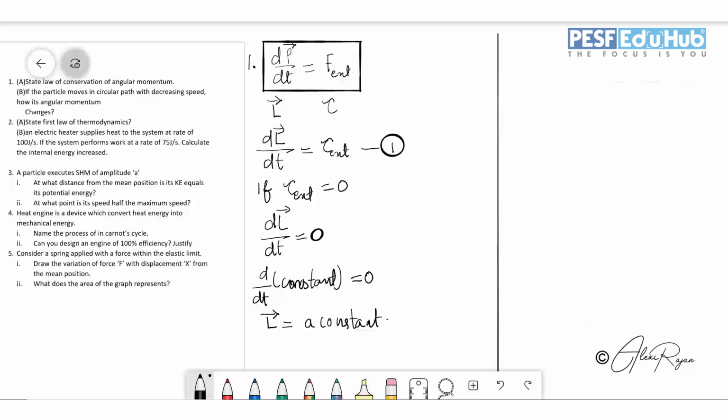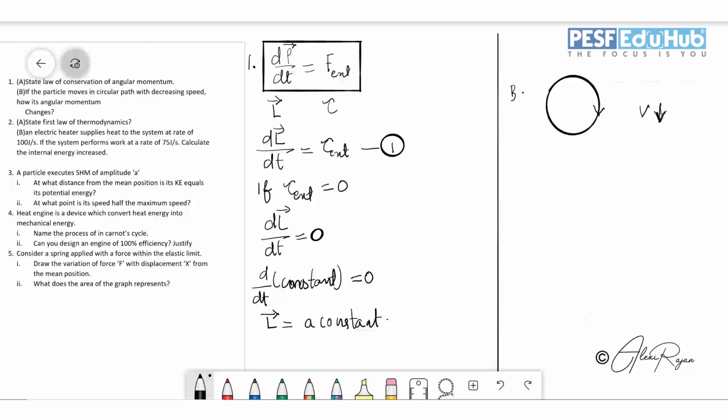Now B, the first question, B section. If a particle moves in circular path with decreasing speed, how does its angular momentum change? That means your velocity is decreasing there.